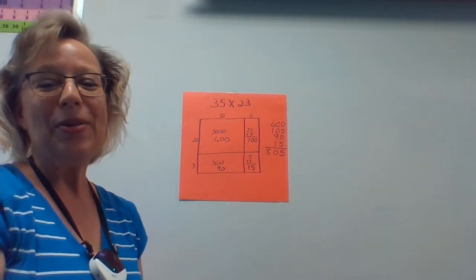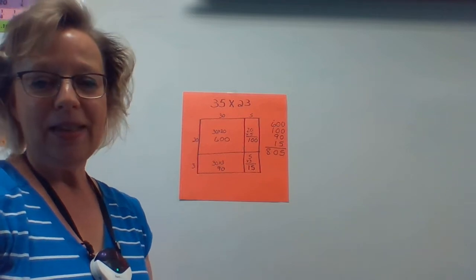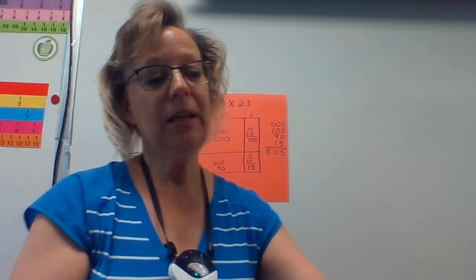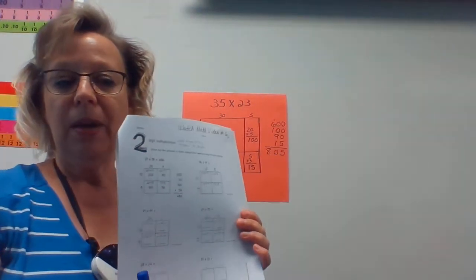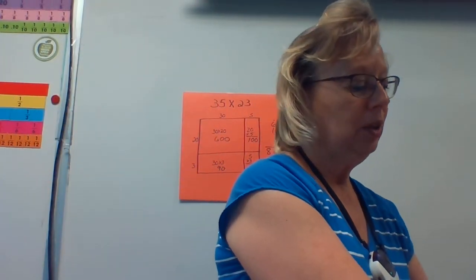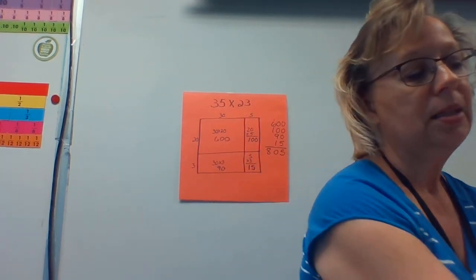Okay, so that's our math for the rest of the week. This is your page for Wednesday. Thursday and Friday, you will continue working on 2x1s, 3x1s, and 2x2s. So you have some story problems for Thursday.